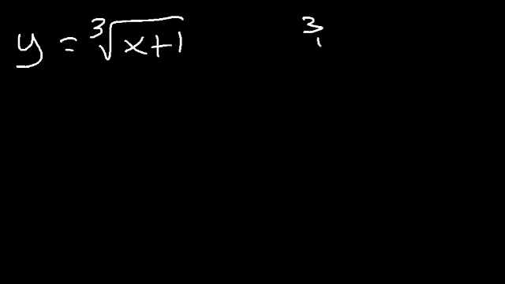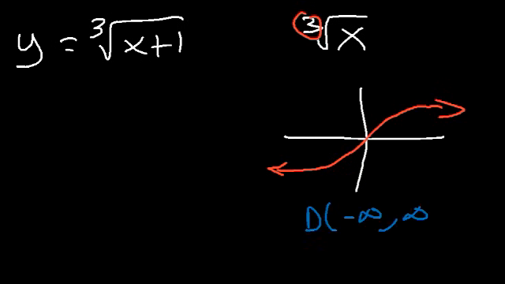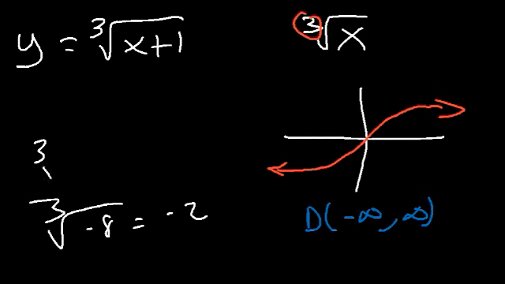Now sometimes you might have a radical with an odd index number. Let's say the cube root of x plus 1. The cube root of x function looks like this. Because you have an odd index number, the domain could be anything, because the cube root of a negative number is a real number. The cube root of negative 8 is negative 2. The cube root of positive 8 is positive 2.